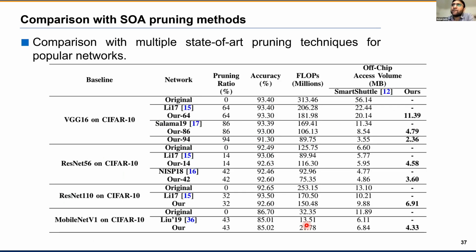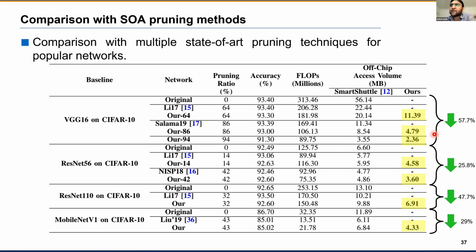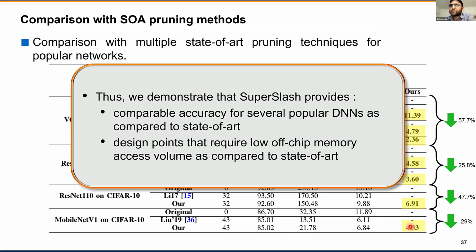So here again, some of the results on some other networks as well. As an example, for MobileNet V1, which is already a pretty optimized network, it was requiring an off-chip access volume of 11.89, and after we applied our particular methodology, the off-chip access volume was decreased to 4.33 megabytes.